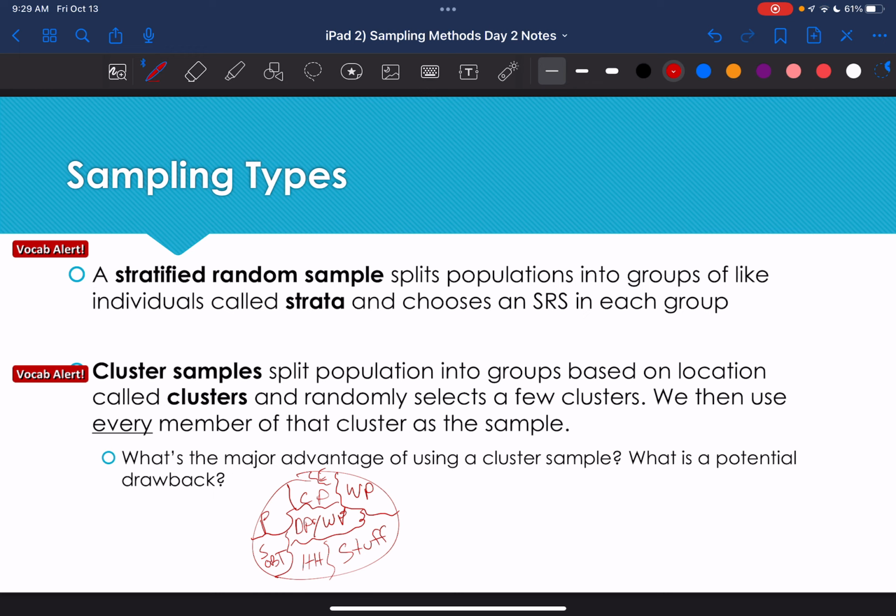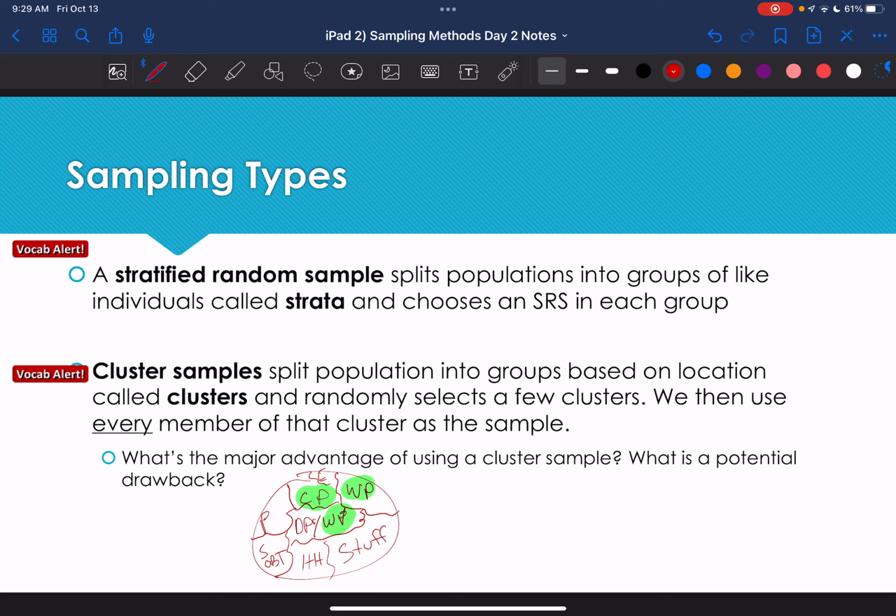A cluster sample would just pick a couple of those groups and take all of the people in that group. So maybe you randomly select Winter Park and College Park and Wadeview Park. Now, if you stop and think about that for just a moment, who lives there?